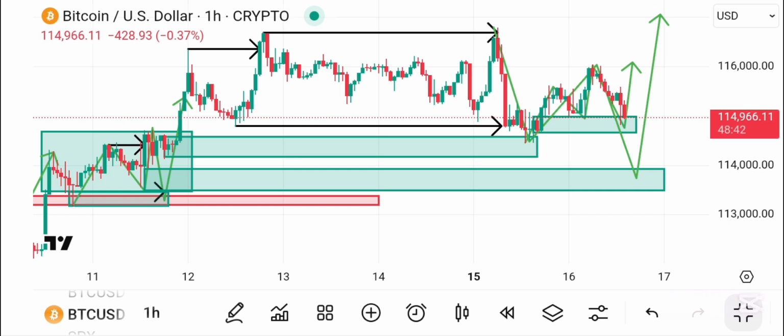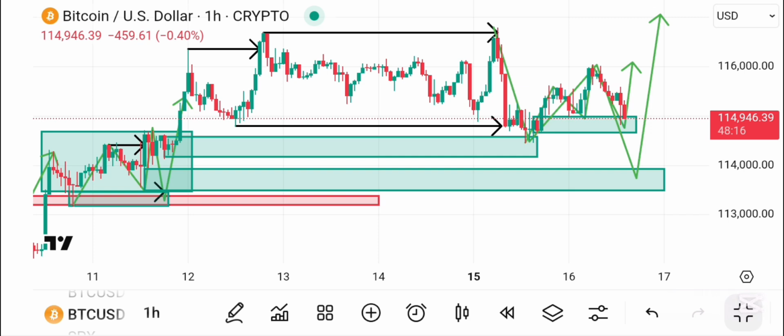So I would like to start from the demand and supply zone, what the demand zone is and what the supply zone is. After that, we move over to why you need the supply and demand zones as traders. So what is a supply and demand zone?